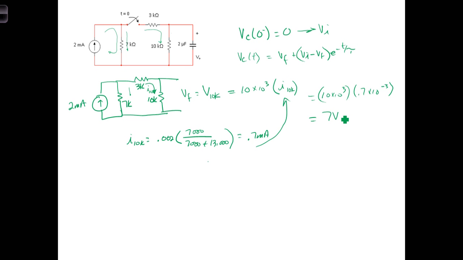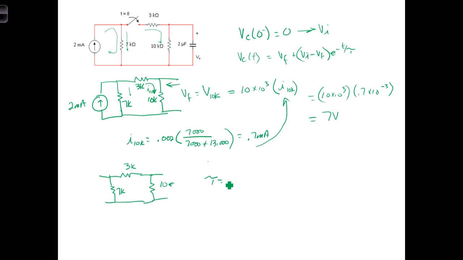Now to get tau. Tau is the Thevenin equivalent resistance that we see looking back into there. We're going to deactivate the current source, which leaves us then with the 7k now being in series with the 3k, and the two of those in parallel with the 10k.